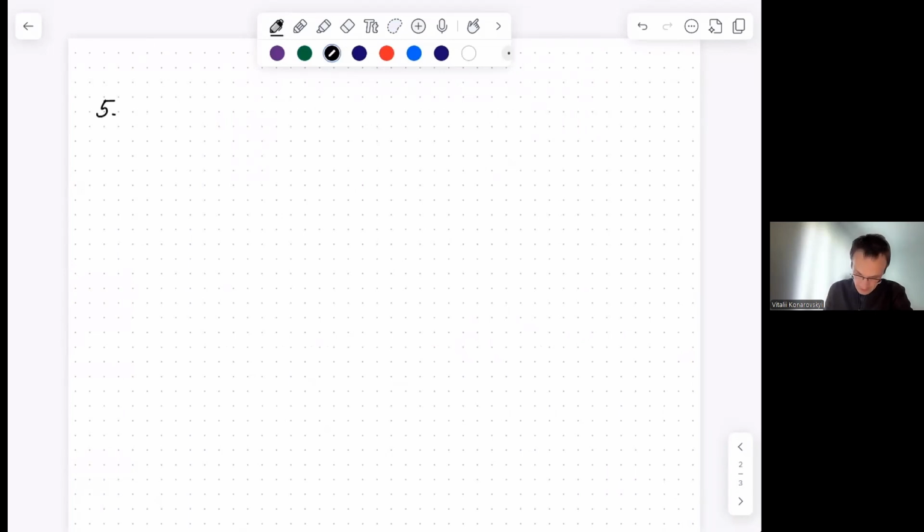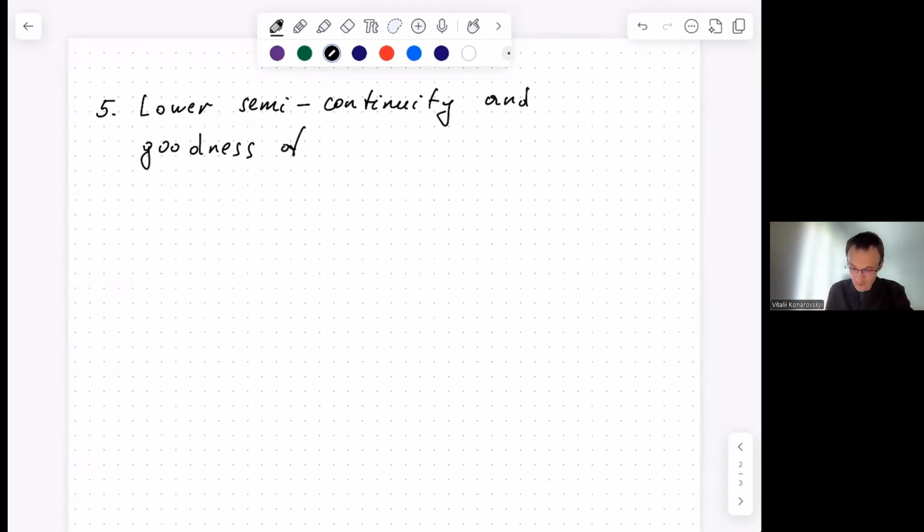The next topic is lower semi-continuity, continuity and goodness of a rate function. Section 5.1, lower semi-continuity of rate function.